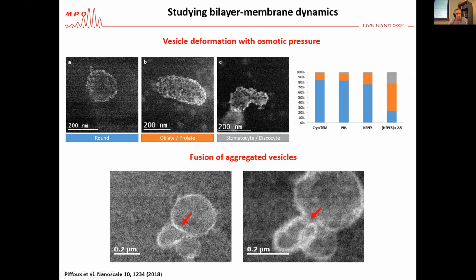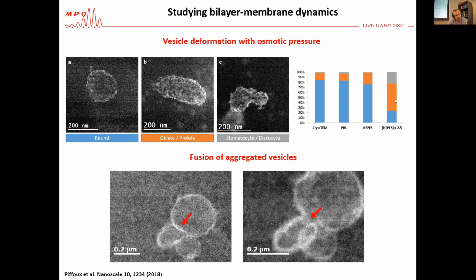And here you see that if you work at physiological osmotic pressure, the great majority of the vesicles are round, and you have only 10% of them which are slightly elongated. But when you work at high osmotic pressure, you see that the proportion of deformed vesicles becomes predominant.